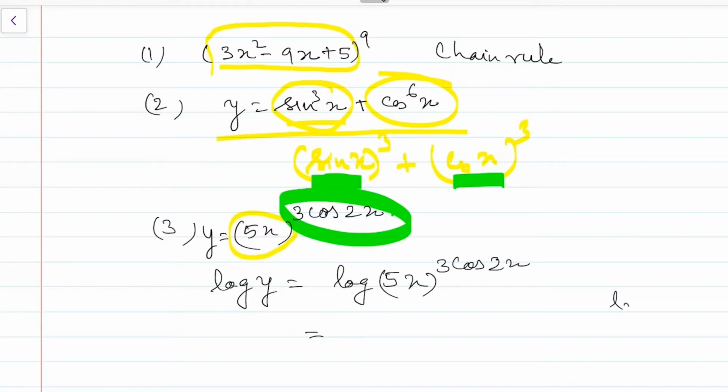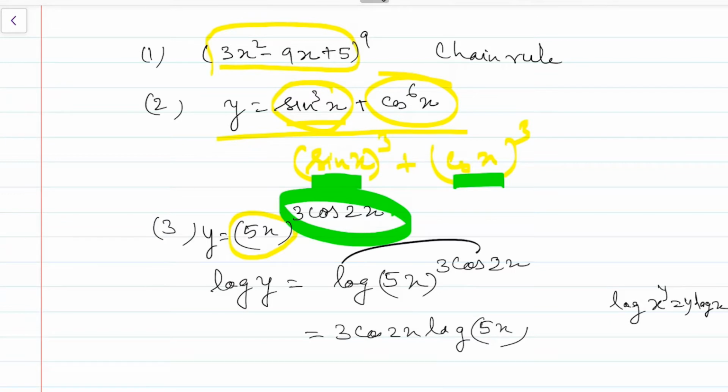Using the property of log, x to the power y is equal to y log x, it will be 3 cos 2x into log of 5x. This power will come before the log. Now we will use the product rule. This is the first term and this is the second term. In both cases, we will use the chain rule again, so we can easily solve it.